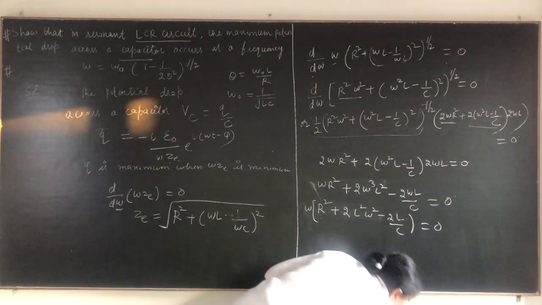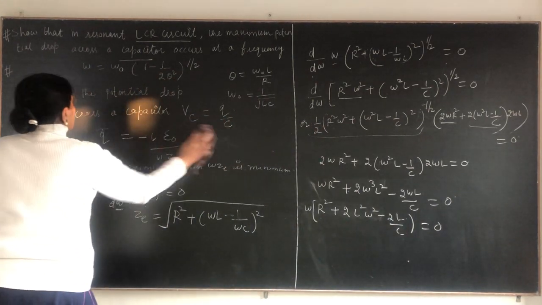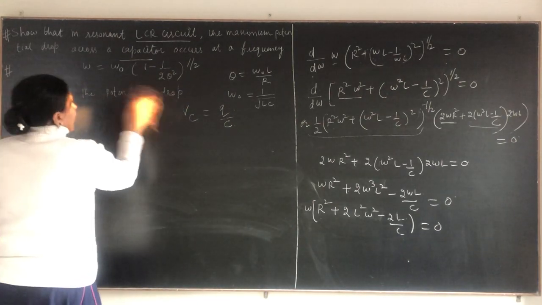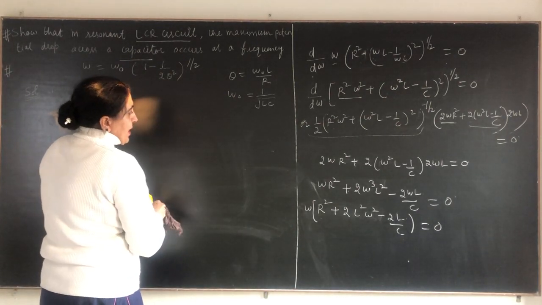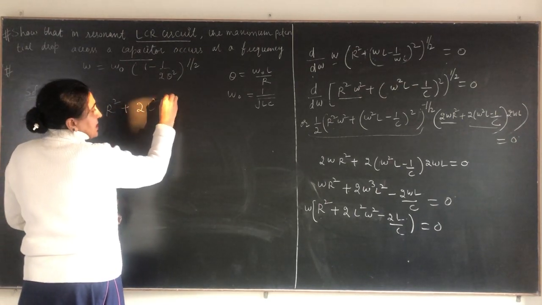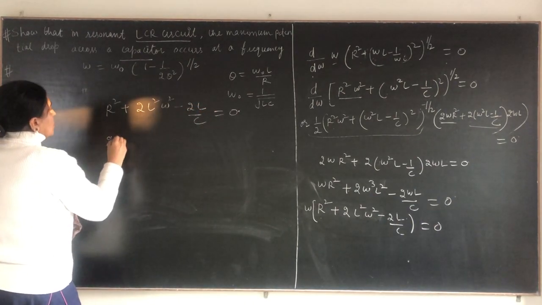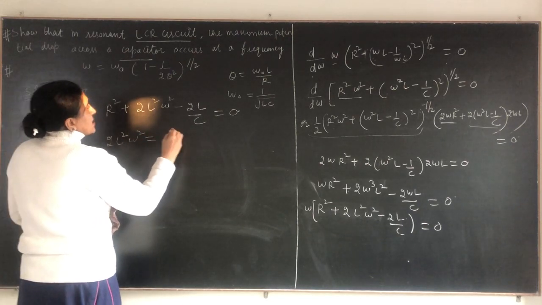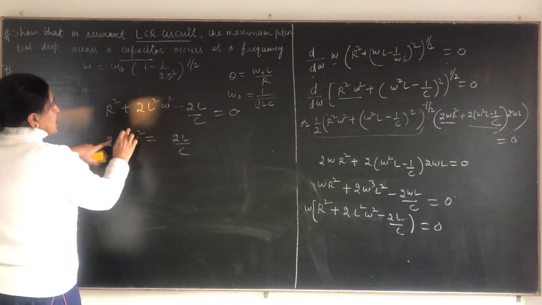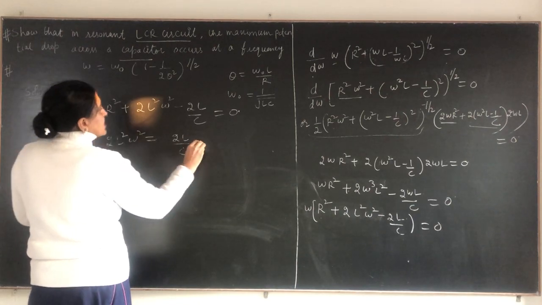Now omega can't be equal to 0, so this term will be equal to 0. What we get? We get r square plus 2 L square omega square minus 2 L by c equals 0, or 2 L square omega square is equal to 2 L by c minus r square.